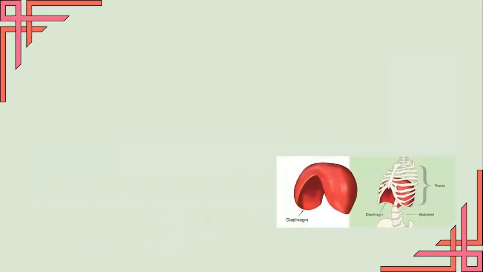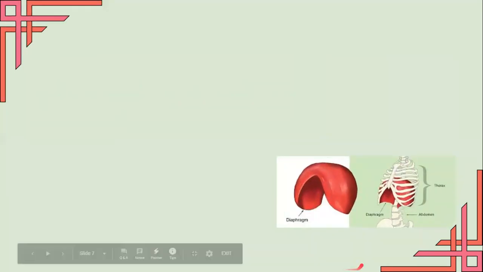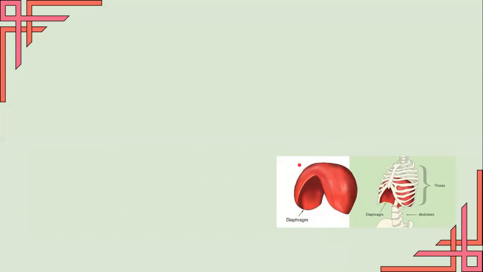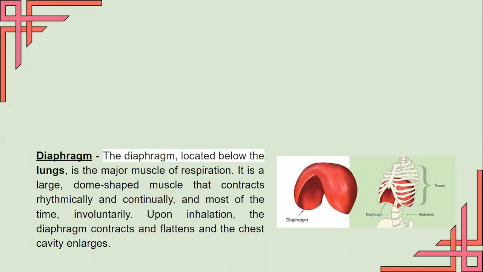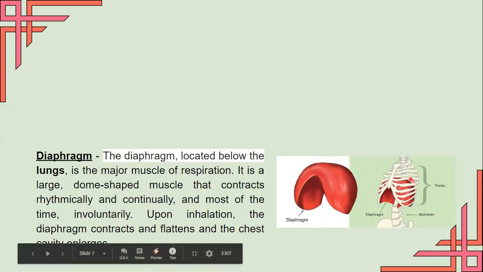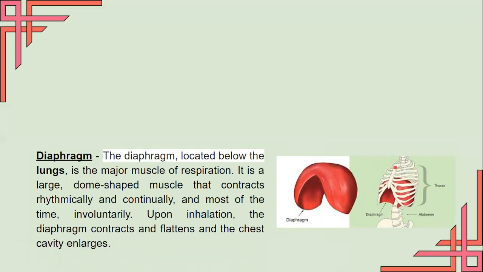Okay, next. Now, do you have an idea what it is? A dome shaped. Yes, I heard. It's correct. This is the diaphragm. The diaphragm is located below the lungs. It is the major muscle of respiration. Remember, respiration means breathing.